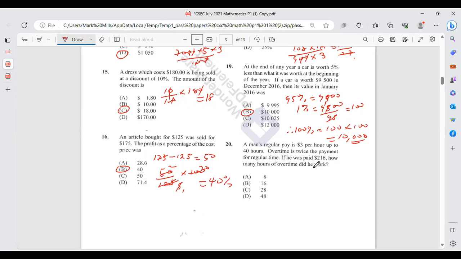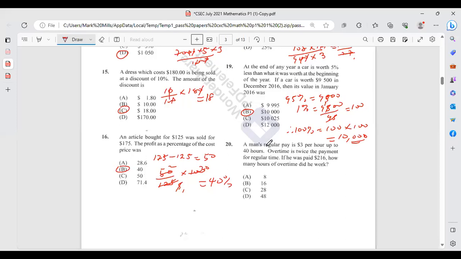Now, what will I do? Walk me through. Regular hours is 40 times 3, which is 120. So 216 minus 120 leaves 96. So 96 divided by 6.